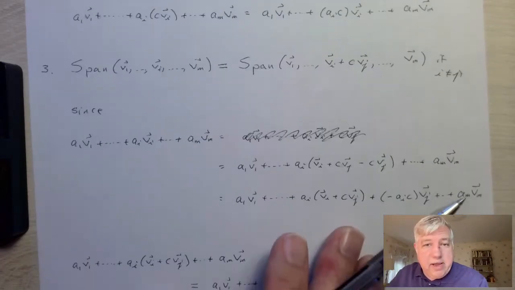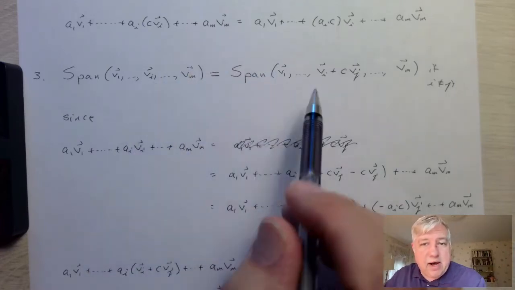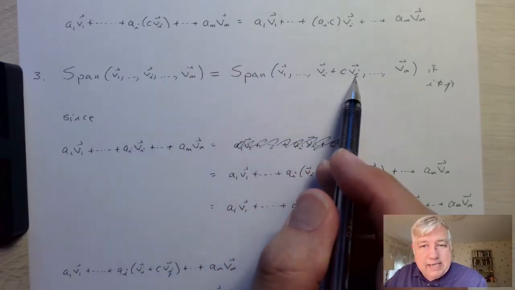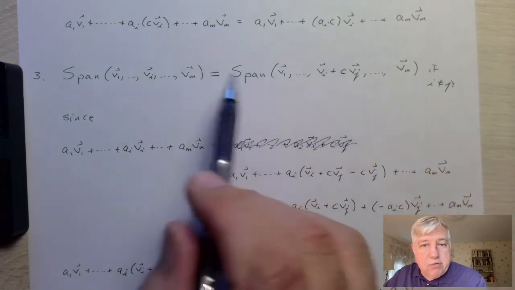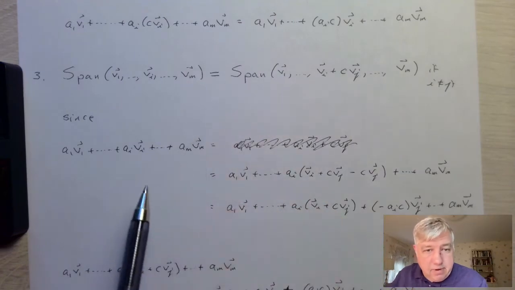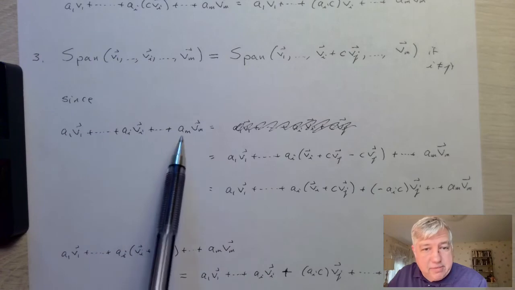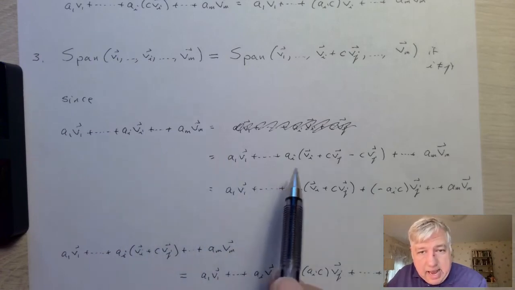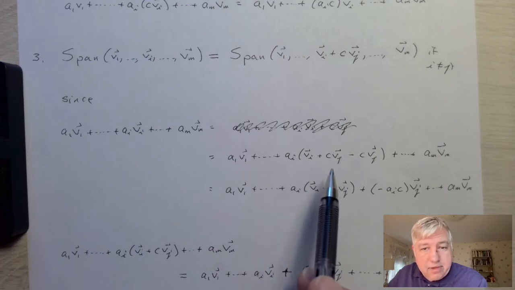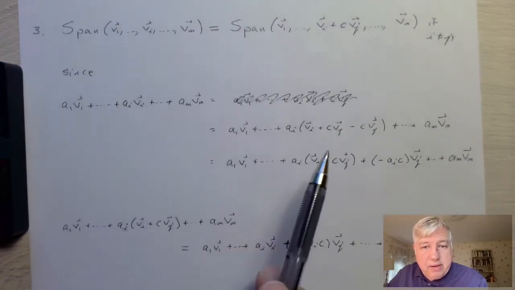Also, if we replace Vi with Vi plus C times Vj, where i is not equal to j, we'll get that these spans are the same, because any linear combination of this first set we can rewrite by basically adding and subtracting ai C times Vj here, and then breaking them up.